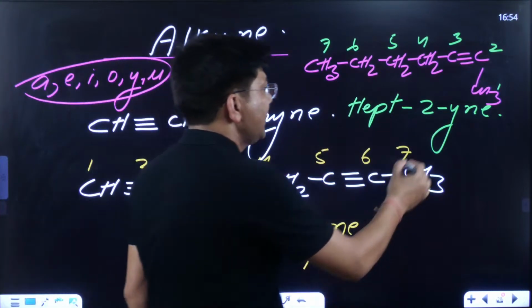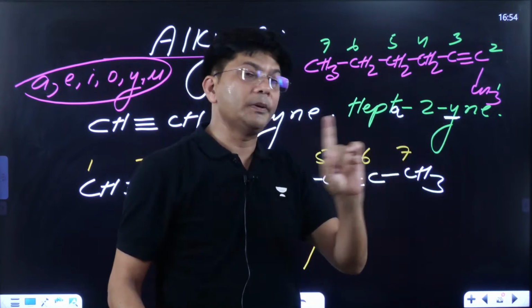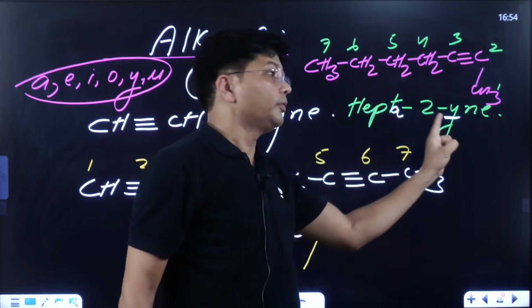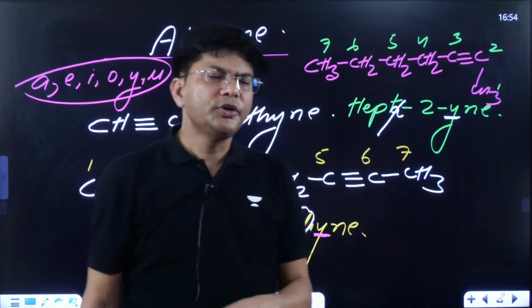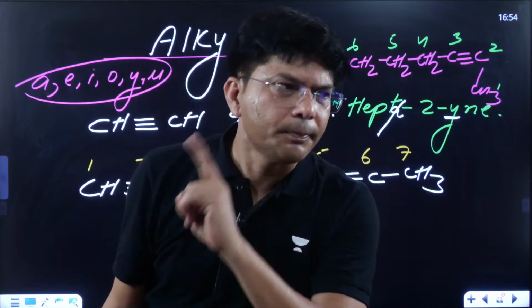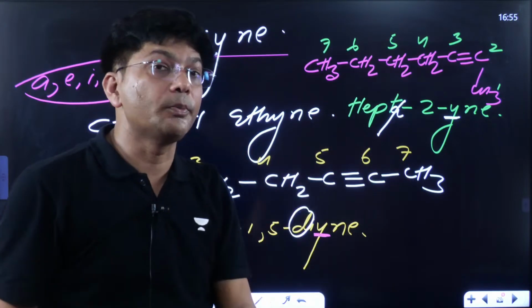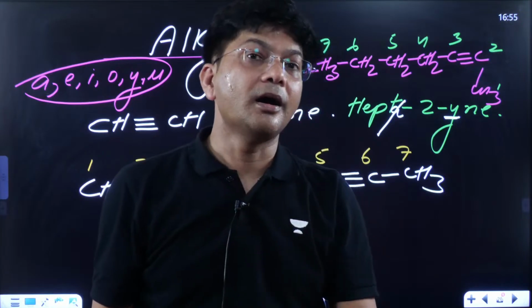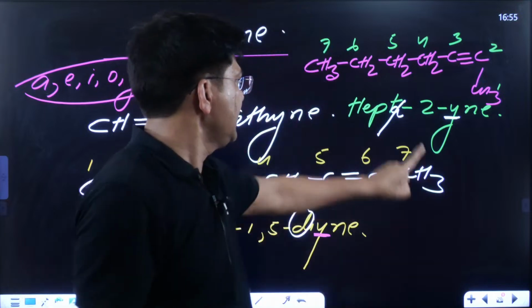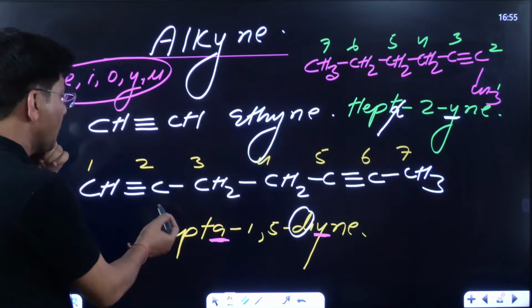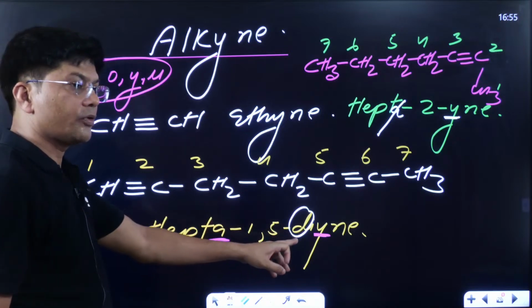But here is Y, and if we write A, the 2 vowels cannot be placed together. These 2 vowels cannot lie together, so this A should not be there. So you can simply say, if only one triple bond is there, we place hept. If more than one triple bond is there, we say hepta. Are you getting my point? With only one triple bond, we cannot place A. If more than one triple bond, like heptadiene, heptatriene, heptatetraene, then you can place it.